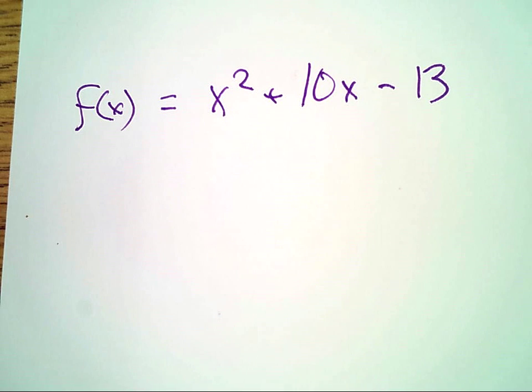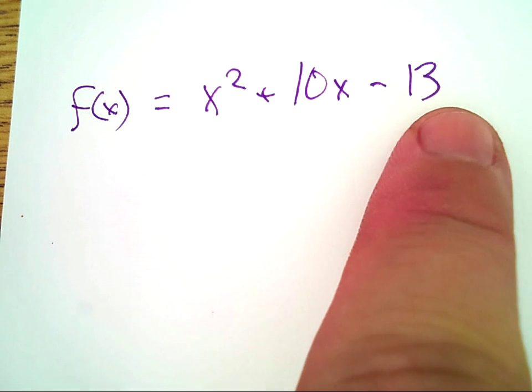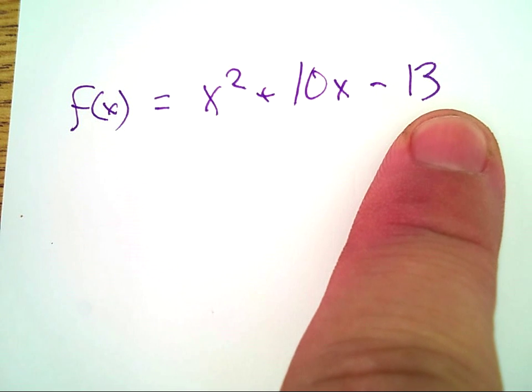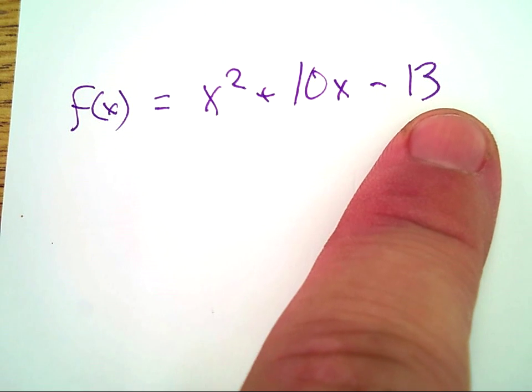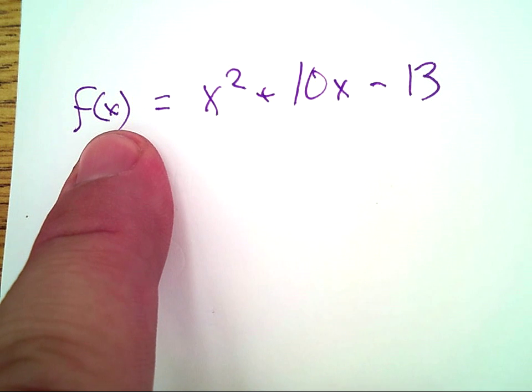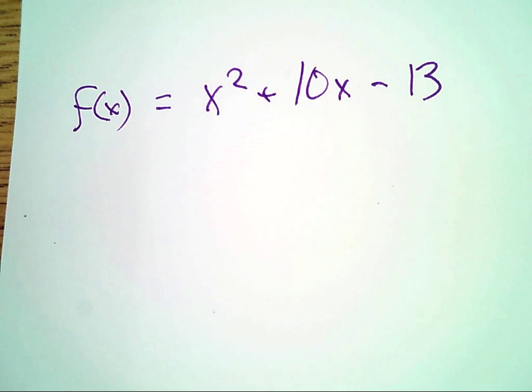You said move the constant, right? So that we have the variables by themselves and the constant on the other side. Well, right now, we do not have that luxury because we have f of x over here. So, instead, what we're going to do is we're going to rewrite it.